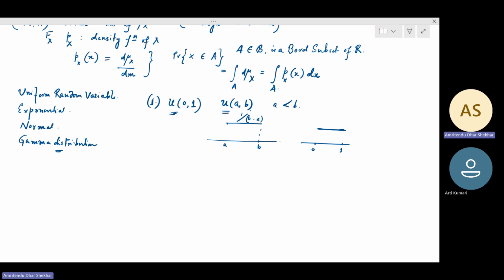Now let's look at some problems based on just this uniform random variable. In particular, let me pose this question. Let's look at this problem.